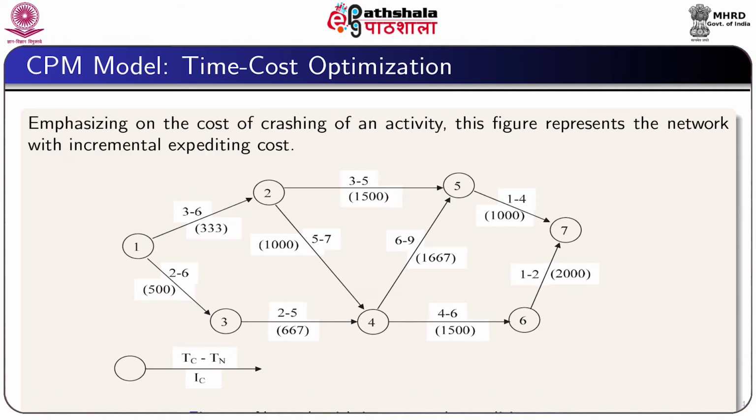Emphasizing the cost of crashing an activity, this figure represents the network with incremental expediting cost. For the activity 1-2, the incremental cost is rupees 333 for 1 unit reduction of time. Similarly, for the other activities as shown in this slide.